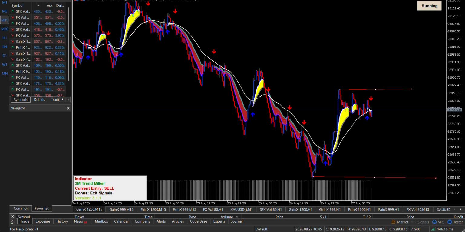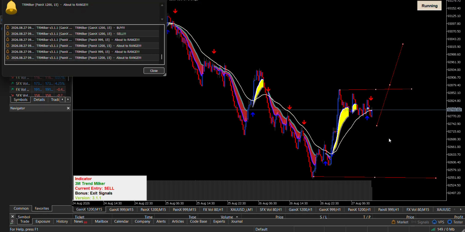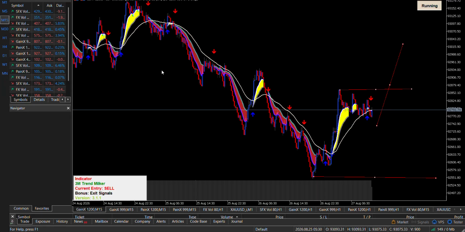All we need is for it to go back right from the pullback and cut across this, then this will give us more assurance that this is fully on an uptrend. So wait for the pullback to be over. Once the pullback is over and you get a buy signal, which should happen around here, then you can jump into it and see how much profit you can make.